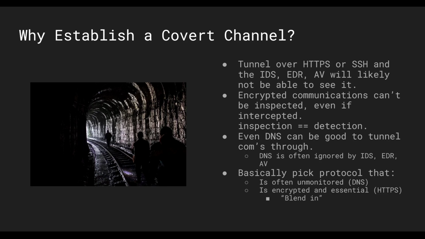Intrusion detection systems, endpoint detection and response, antivirus systems, not as much antivirus, but definitely IDS and EDR. Those are heavily designed for finding those kinds of covert communications. But it's hard, because you can't just open up someone's HTTPS session. You need captured tokens for that type of thing.